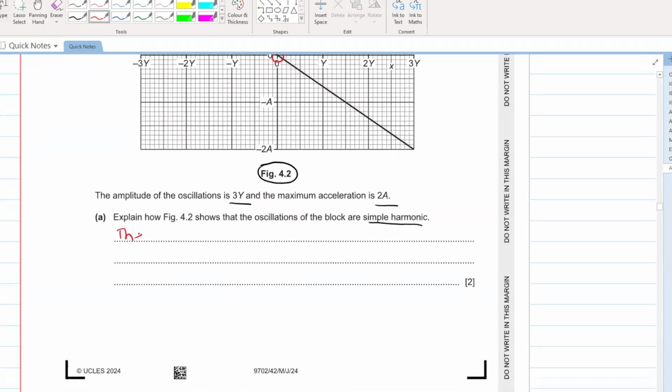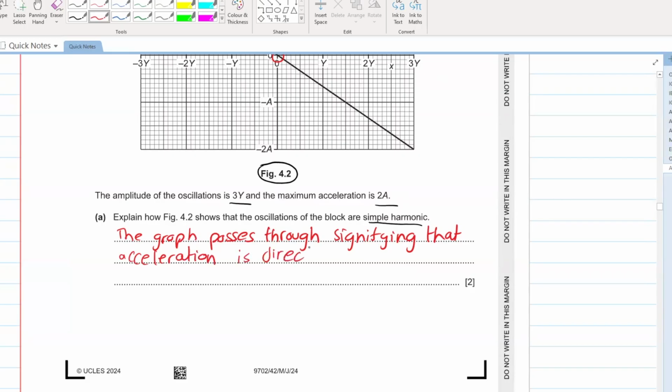The graph passes through origin, signifying that acceleration is directly proportional to displacement. Simple as that. Your graph is passing through origin, signifying that acceleration is directly proportional to displacement.